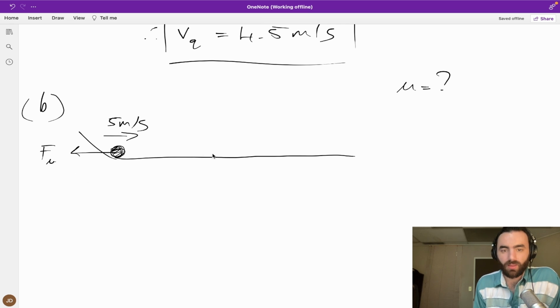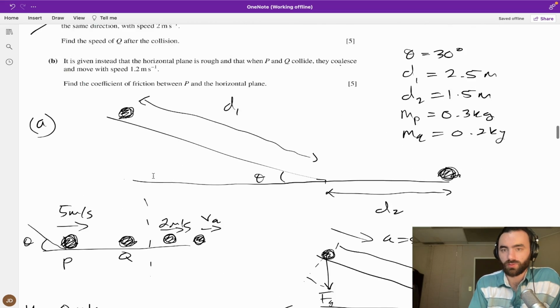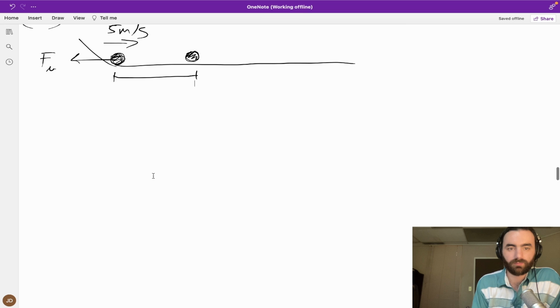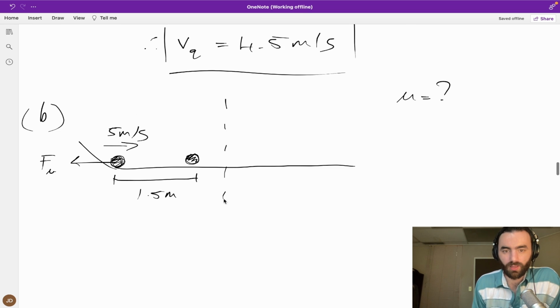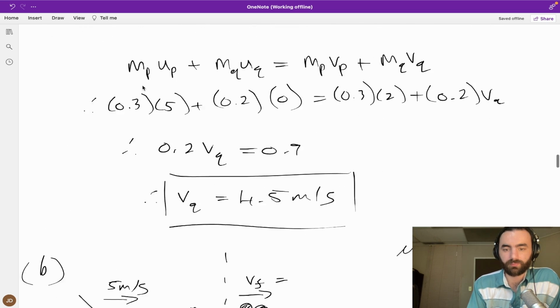We still have our Q here, at a distance of d2, which was 1.5 meters. Then they collide and coalesce, and move together at a speed v final of 1.2 meters per second.